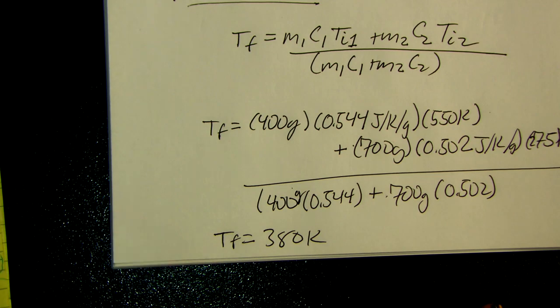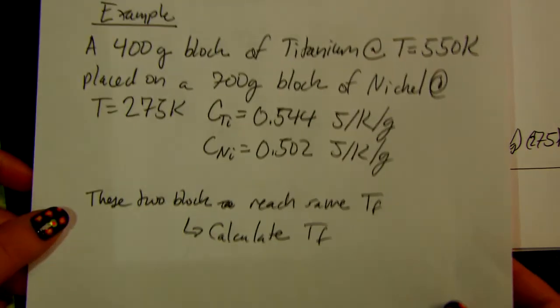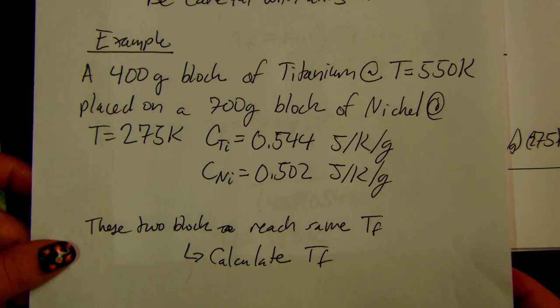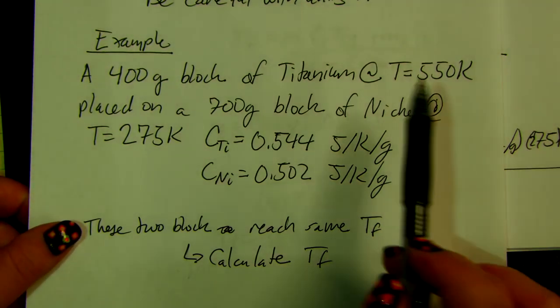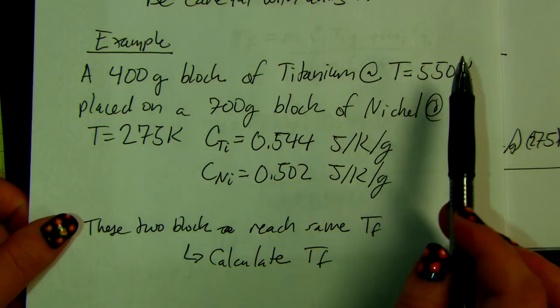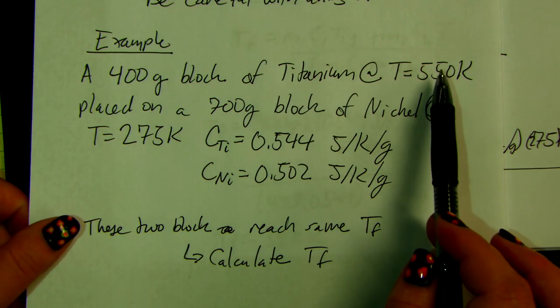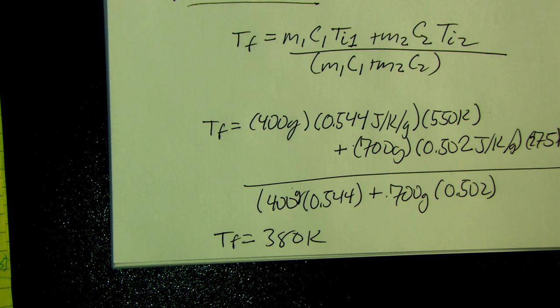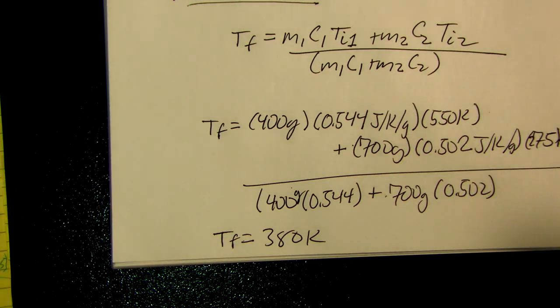All right, so the thermal energy that was in the titanium was given to the nickel. So if we go back to our original setup that we talked about, we can see that the titanium was hotter and the nickel was colder at the start. And so that extra thermal energy from the titanium went into the nickel, increasing its total temperature while sacrificing some of the temperature of the titanium block.